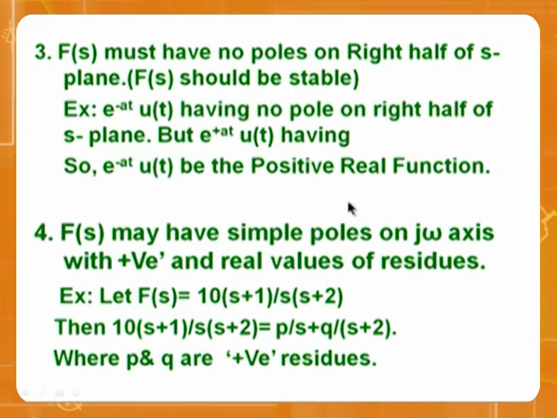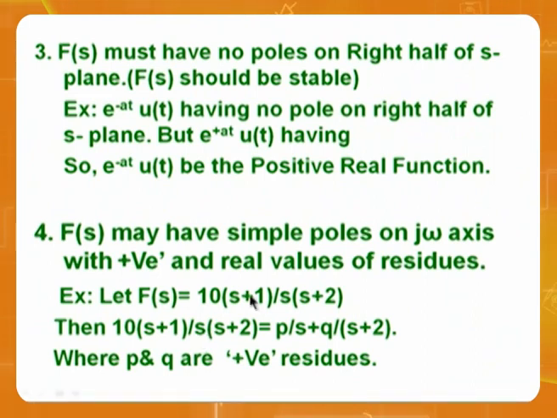Third, f of s must have no poles on the right half of the s plane, and f of s must have simple poles on the jω axis with positive and real values of residues. It should always have positive values. If you have the positive value, for example here, s plus 1 is the 0.